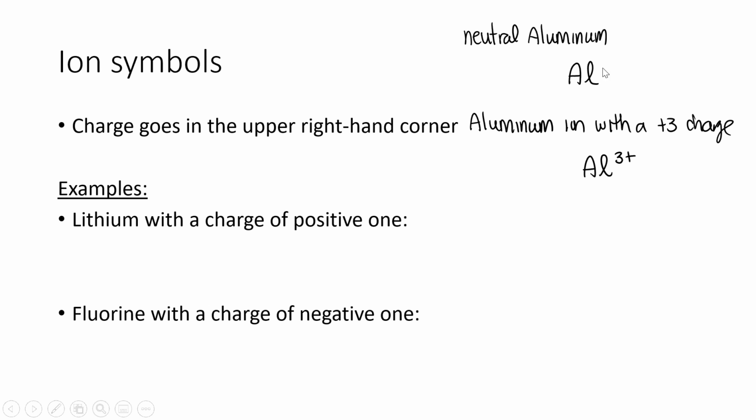If there's nothing written in the upper right-hand corner, we assume that it's neutral, no charge. If it has a charge, you write it in the upper right-hand corner. The lithium ion we just showed that has a charge of +1 would be written like this, Li+1. The fluorine with a charge of -1 would look like this, F-1. That's how you write those ion symbols.